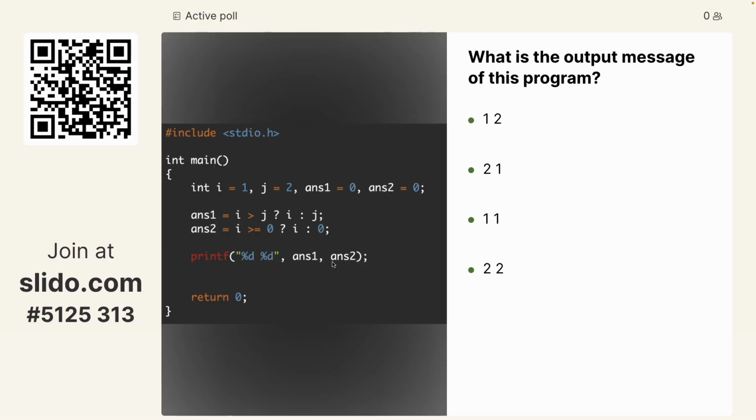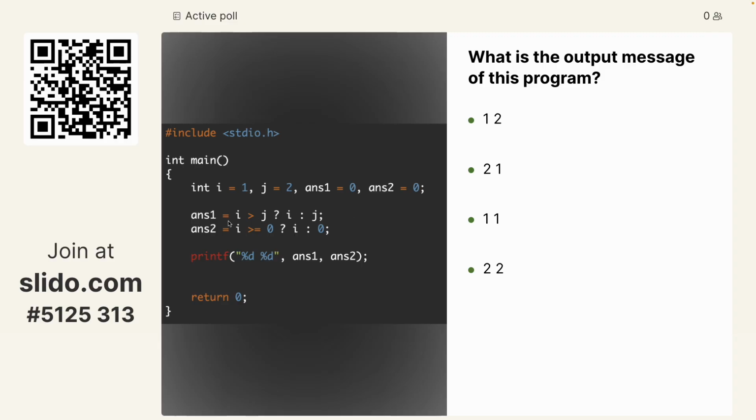So the next one is Slido. I just want to know whether you understand the conditional expressions. Again, the question is really simple here. What is the output message of this program? The output is the results of answer 1 and answer 2. We have four integer variables: i, j, answer 1, and answer 2.